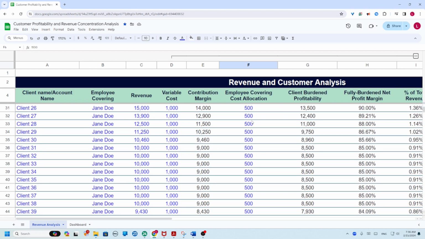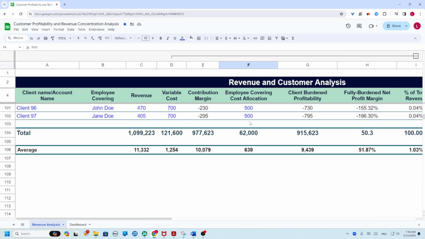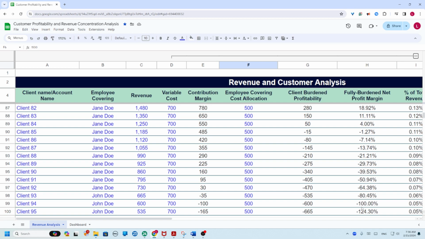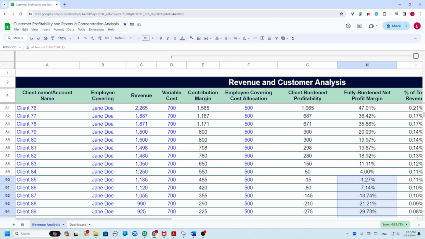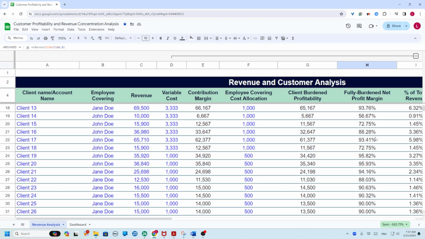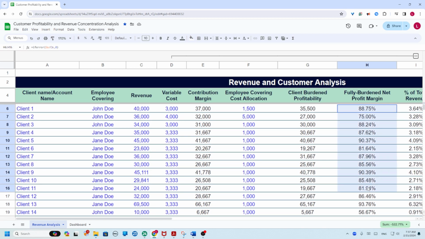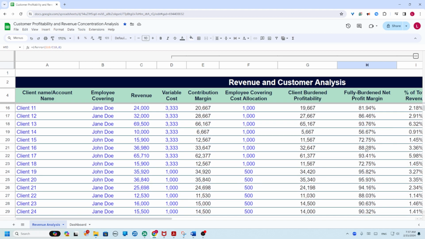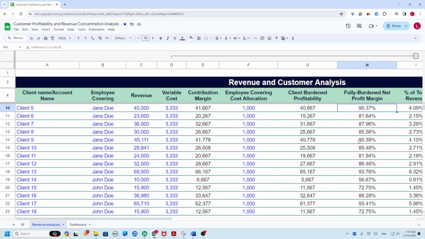Once we do that, we can see that some of the clients are actually losing us so much money, right? And we also see what clients are really delivering stellar results for the firm, right? Anything over 70, 75% is decent in the digital marketing space, right?